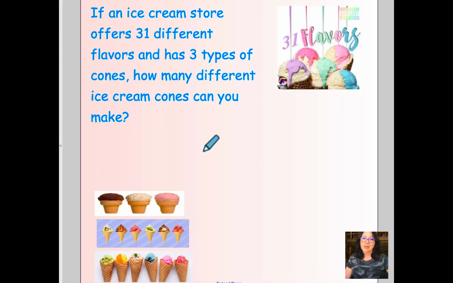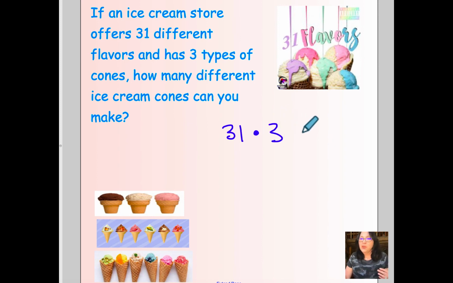Okay. So this is a really iconic one, which is just 31 flavors. Actually, I used to work there. Fun fact. For this one, it says you've got 31 flavors, and you've got 3 different types of cones, although I'm sure nowadays they have way more than that. How many different possibilities could we come up with? So we have 31 flavors I can choose from, and then I'm going to have 3 types of cones.